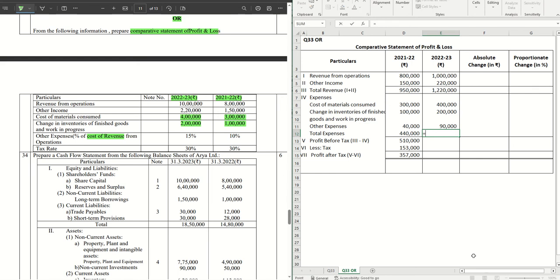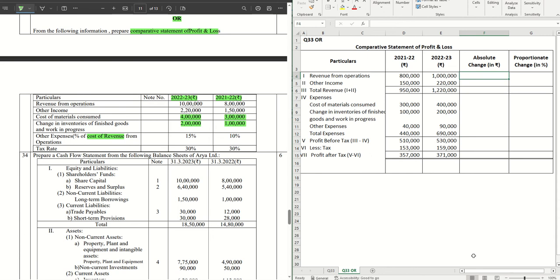Total expenses in that case becomes 6 lakhs 90,000, and profit before tax becomes 12 lakh 20,000 minus 6 lakh 90,000, which is 5 lakh 30,000. My tax rate is 30% for this year as well, so that will be 1 lakh 59,000, and my profit after tax is 3 lakh 71,000. Okay, which is profit before tax minus tax.